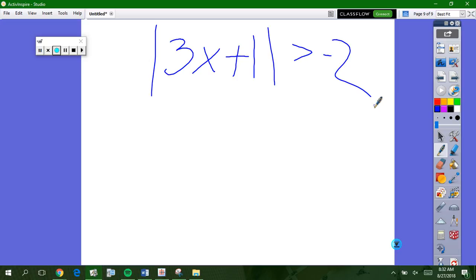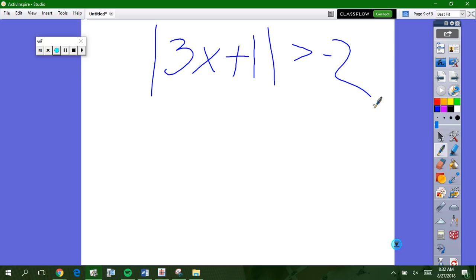Why is this infinite solutions? Because it doesn't matter what I plug in here, does it? Because when I take the absolute value of it, it's always going to be greater than or equal to 0, isn't it? Does everybody agree with me on that? No matter what comes out of here, it's always going to be 0 or bigger. So therefore, isn't that always bigger than the -2?